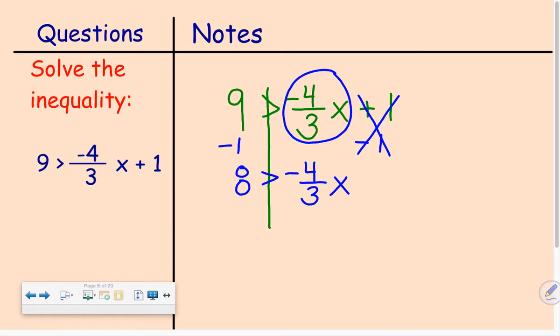Then to get rid of my fraction, negative 4/3, multiply both sides by the reciprocal. So I'm going to keep the negative with the 4. The 4 is next to the negative, so I'm going to keep the negative with the 4. Now I multiply both sides by a negative, so I have to flip.